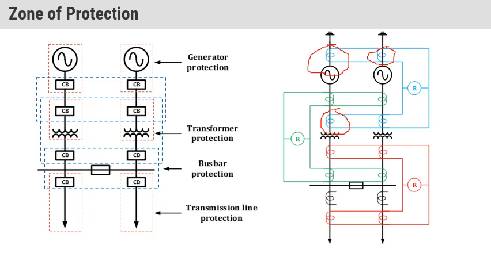At that time our relay will operate, and this relay is a differential type of relay. Okay, so all the units are protected by using differential protection.